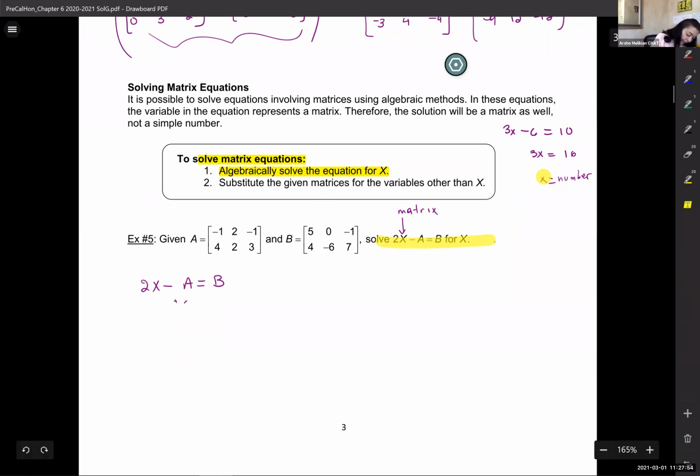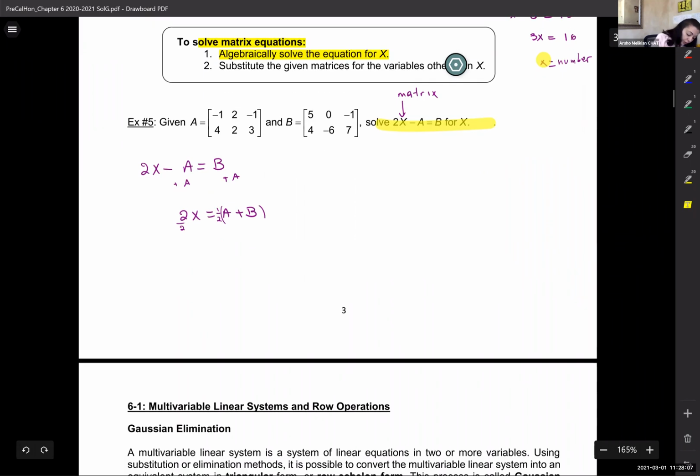I add A, so 2X is A plus B, and then I divide by 2, that's like multiplying by a half. So capital X is 1/2 (A plus B). Again, that's a capital X, and it stands for a matrix.